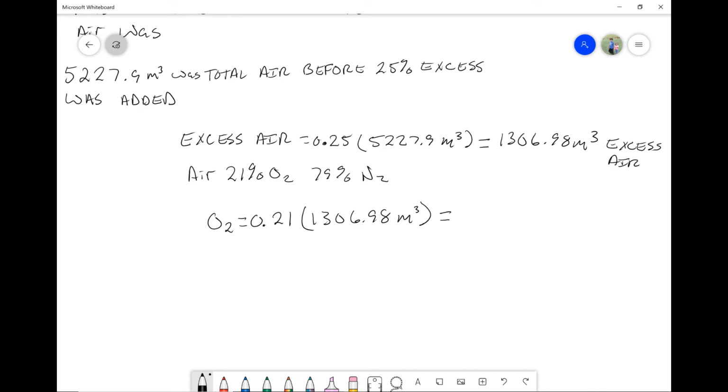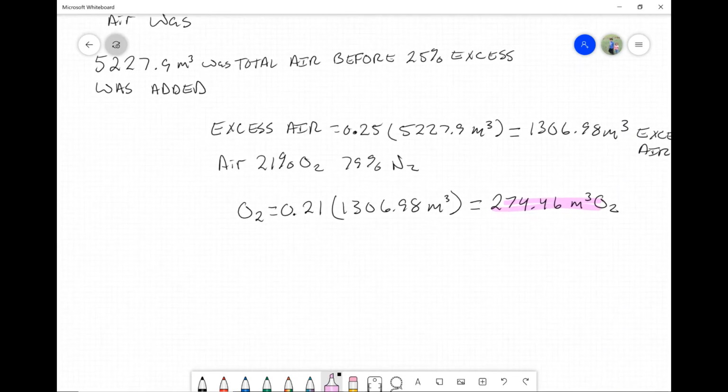And that equals, oops, 0.21, I got 274.46. And this is from the excess.